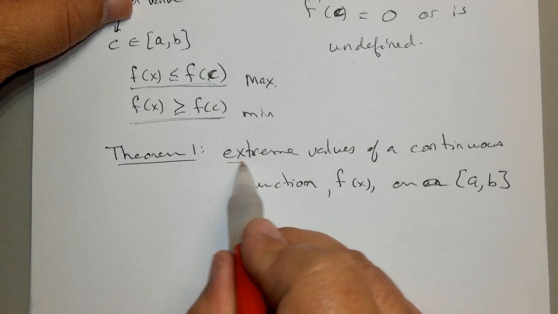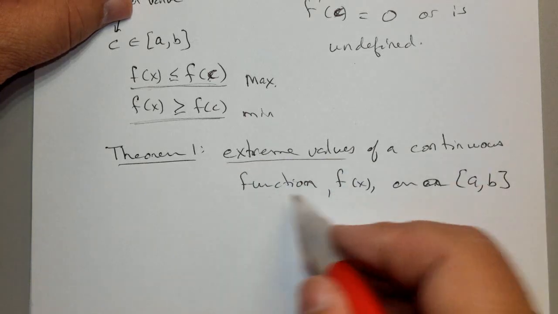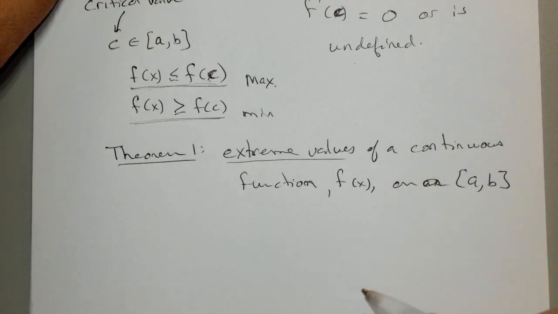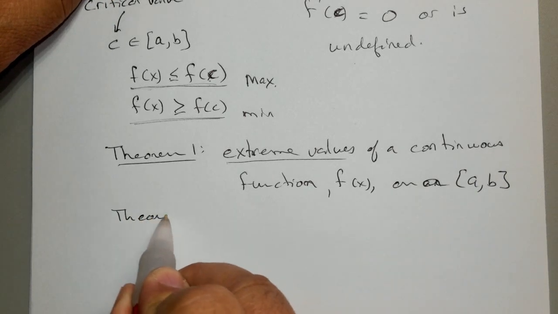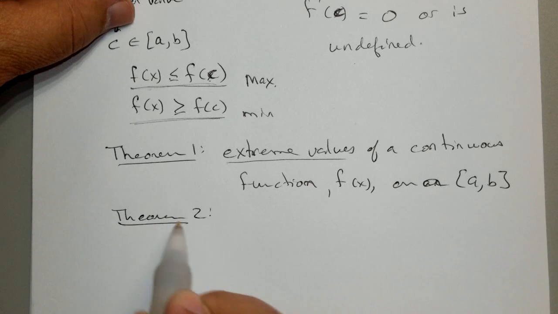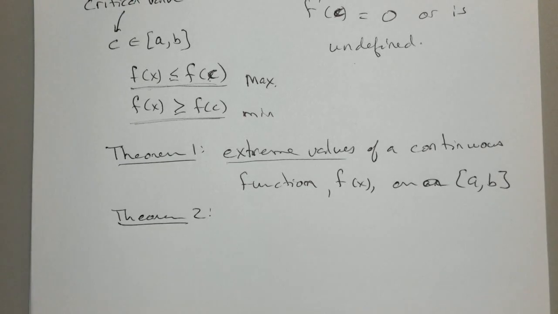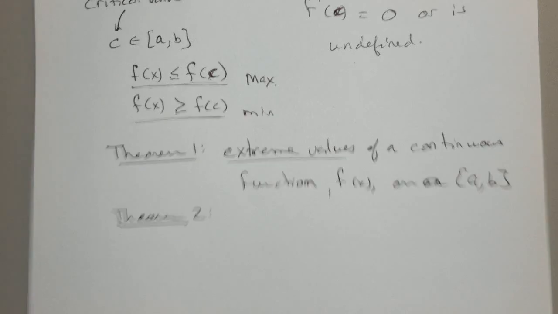What does that mean? The extreme values can only be found if the function is continuous and it's continuous on a closed interval.